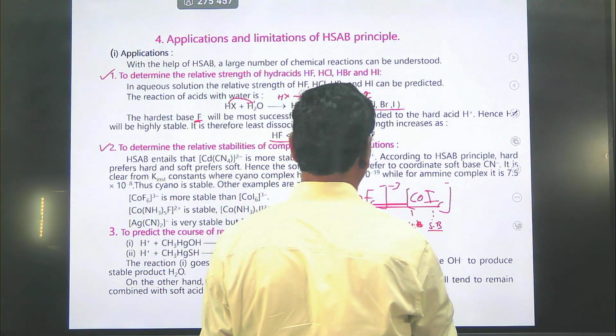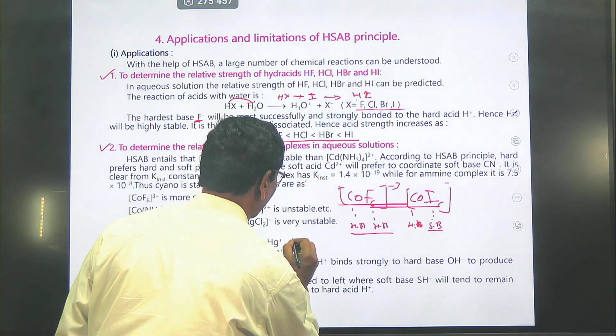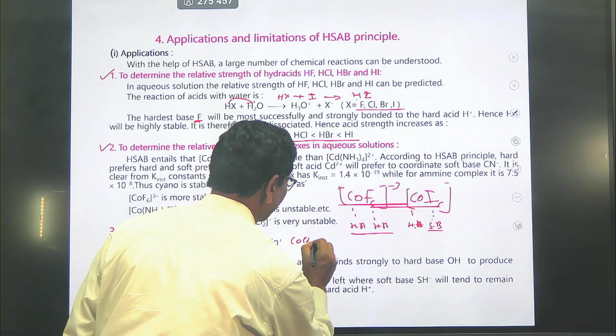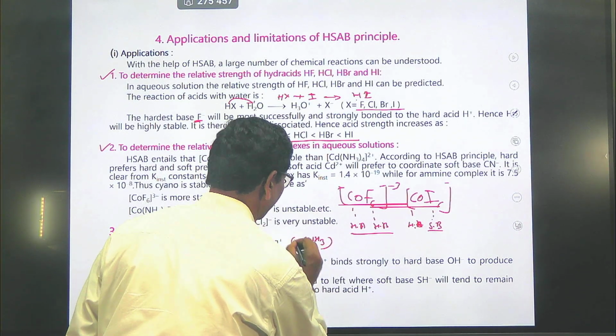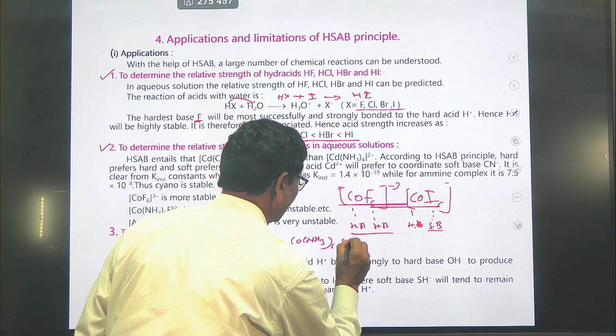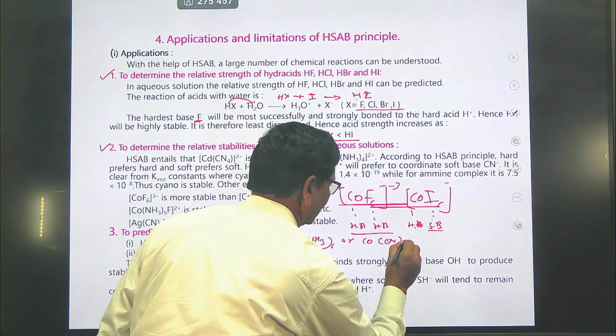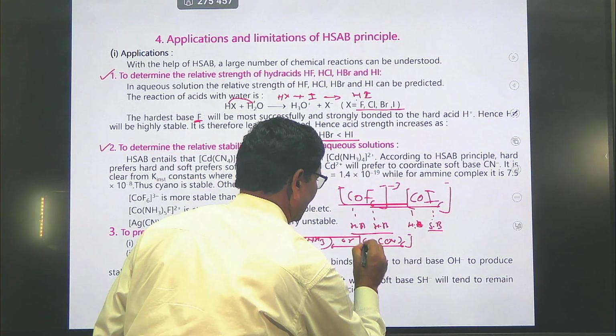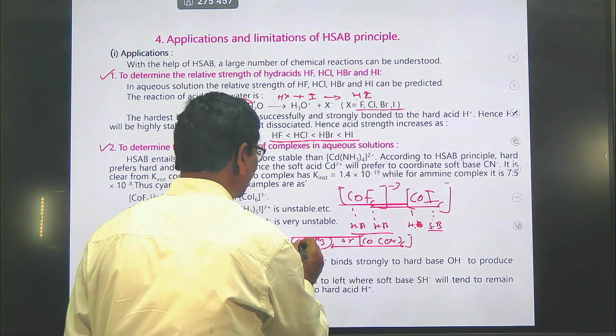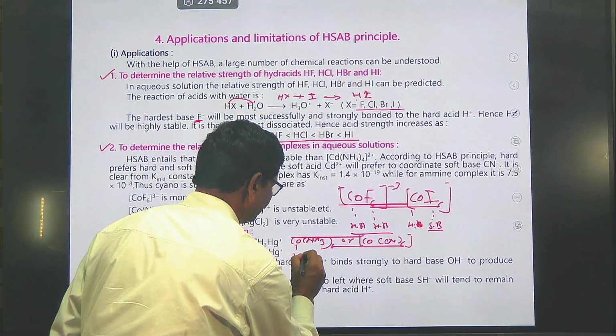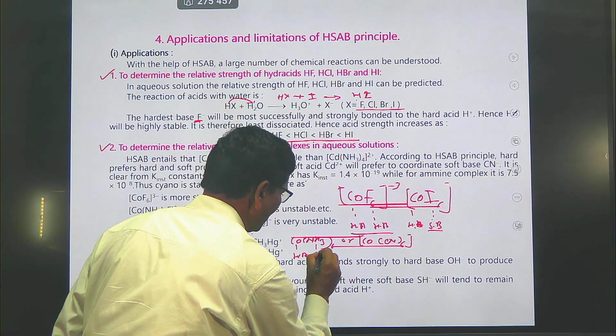Suppose you take another complex like [Co(NH3)6] and [Co(CN)6]. Here cobalt is a hard acid and NH3 is a hard base.